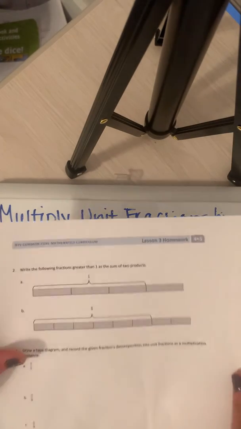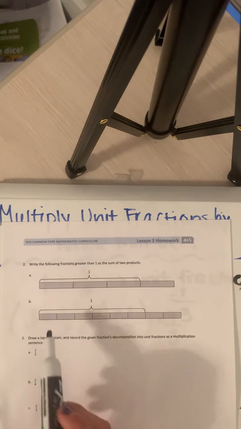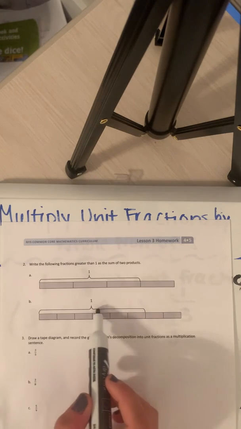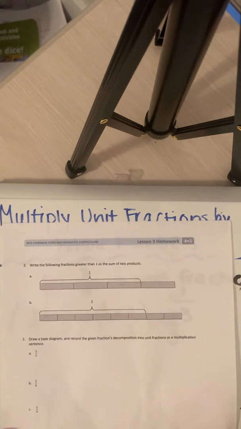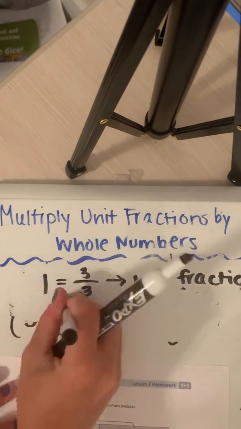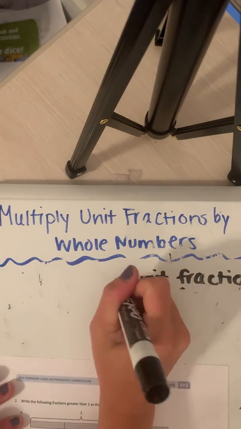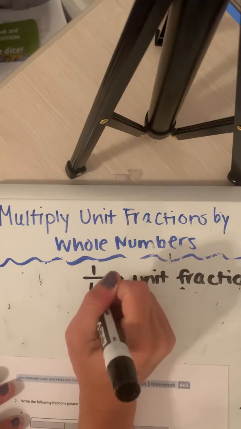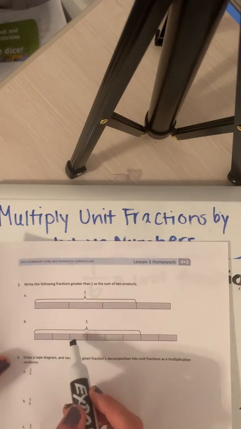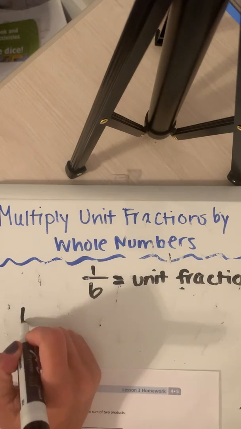If I were to do the next problem on here, I'm going to do the same thing. I'm going to first figure out what my unit fractions are. I have 1, 2, 3, 4, 5, 6 unit fractions in my whole. That means my unit fraction is going to be 1/6. If I look here, I know that I have 1, 2, 3, 4, 5, 6 unit fractions in my first part.